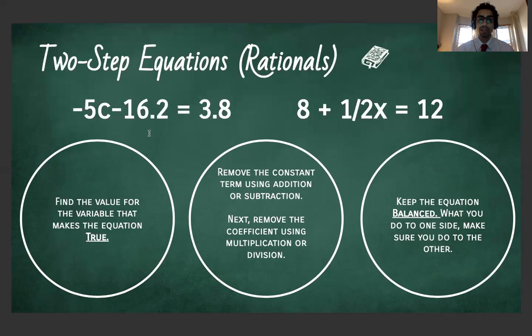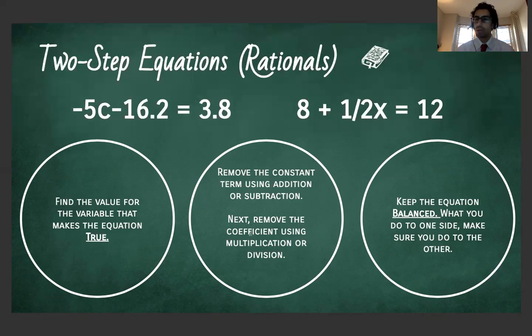Then, once you have your constant moved over, you're going to remove the coefficient that's attached to the variable by using either multiplication or division, depending on what the inverse operation is. So if I had -5 times c equals something, I could get rid of the -5 by using division, since that's the inverse operation.